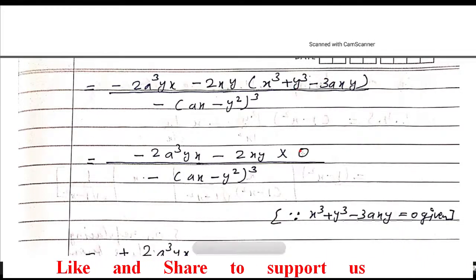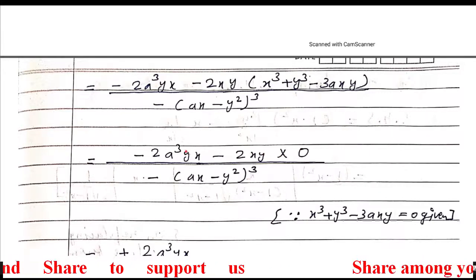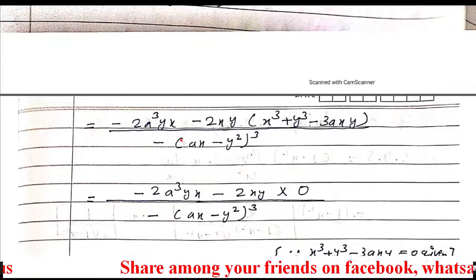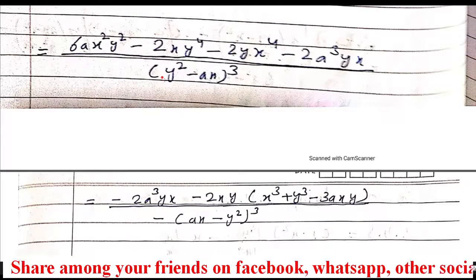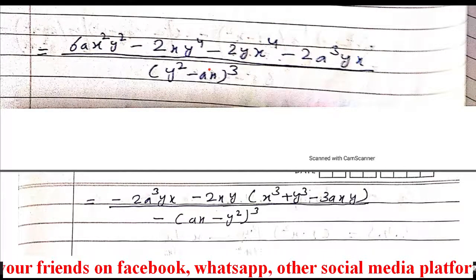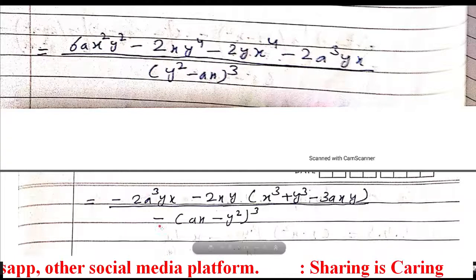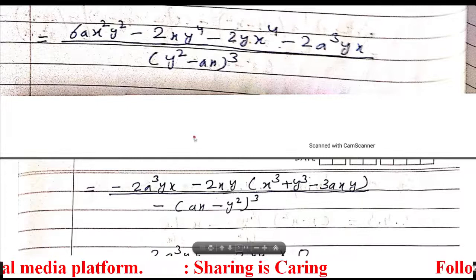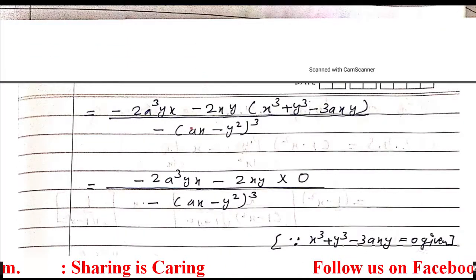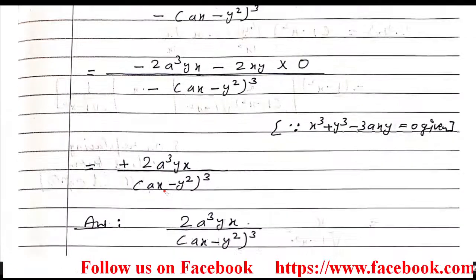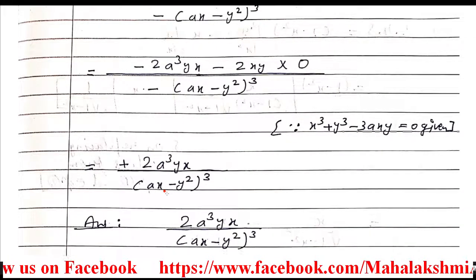So here 0 will come, and any number multiplied by 0 is 0. Now here we remain with the minus sign. Now how did the denominator minus come? Because I took minus common. When we take minus common, when it comes out of the bracket you have to cube it. So minus remains as it is, and here the sign interchanges, and this minus will cancel each other and we will obtain this. So this is your question number 6 answer.